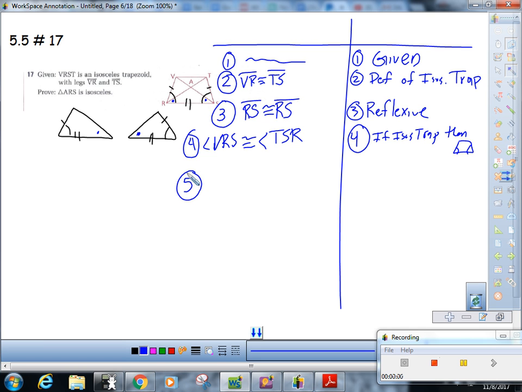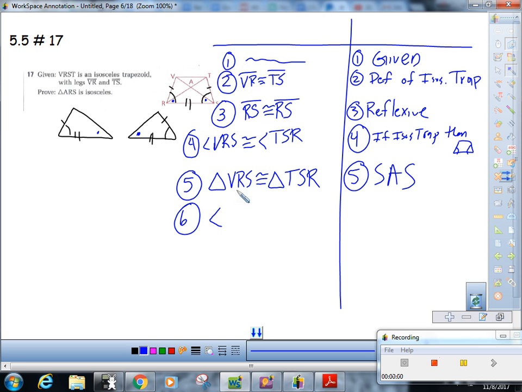Okay? So now I think I've got enough to say that triangle VRS is congruent to triangle TSR by side angle side. And now I can say that angle VSR, I'm just making sure I have it written down in the right order so I can use CPCTC.